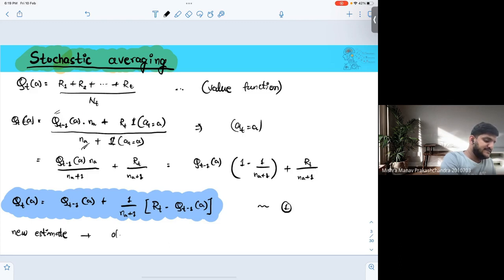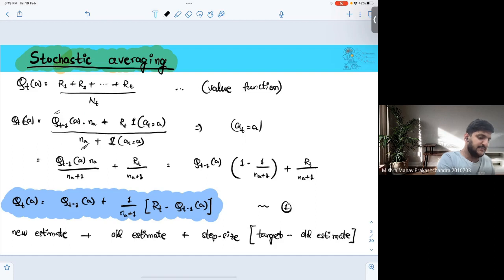My new estimate is nothing but my old estimate plus the step size times my target minus old estimate. So you can remember it this way.